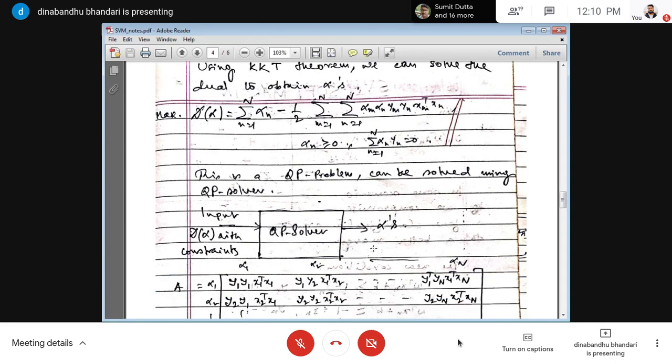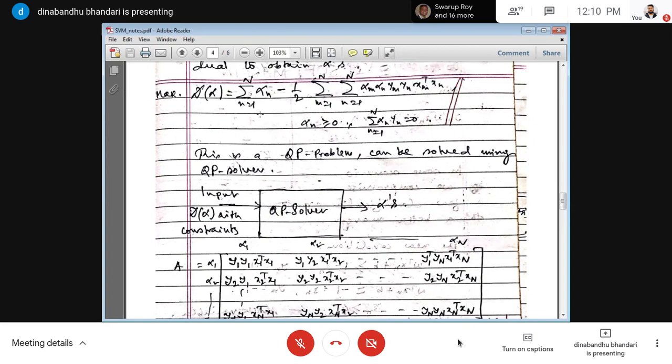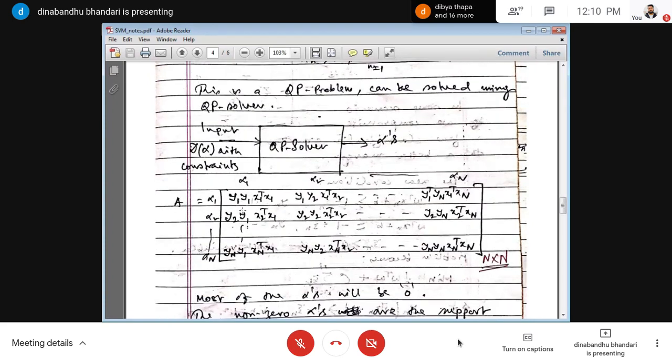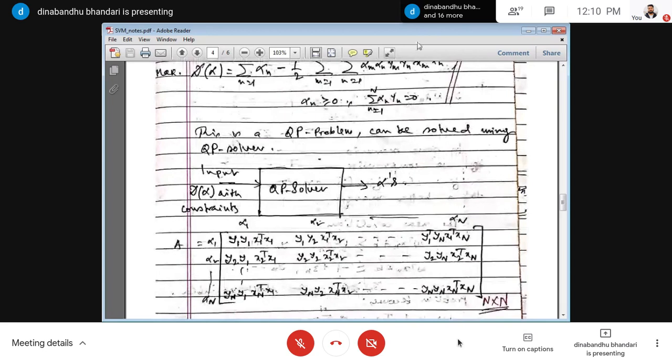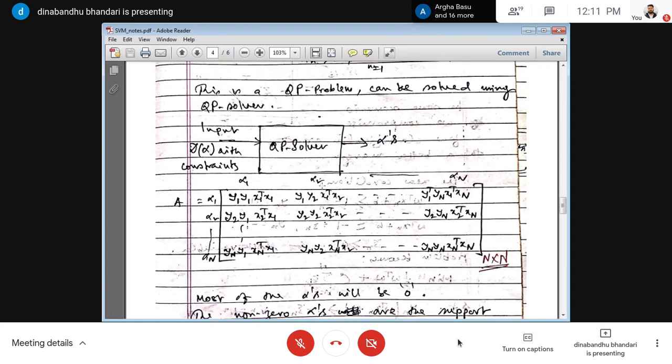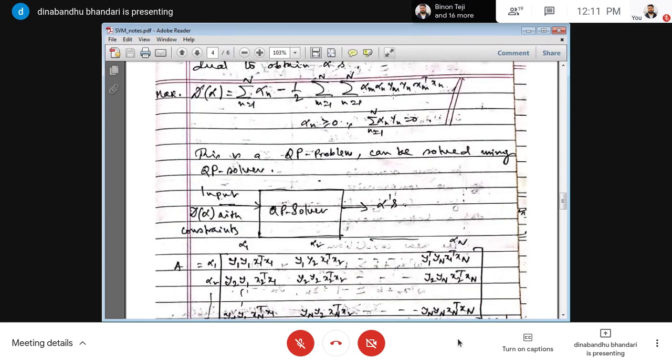The coefficients of the linear terms are very simple. Now what are the coefficients of the quadratic term? There is a minus half multiplied by this expression. For each pair there will be a total of n squared terms, n equal to 1 to n on both sides. It will look like a matrix, with alpha 1, alpha 2, alpha n on this side and alpha 1, alpha 2, alpha n on the other.